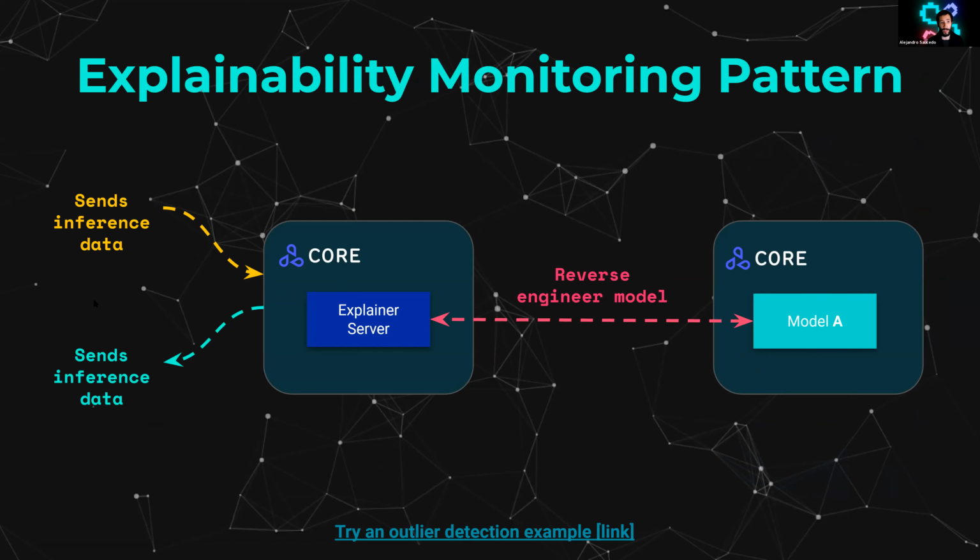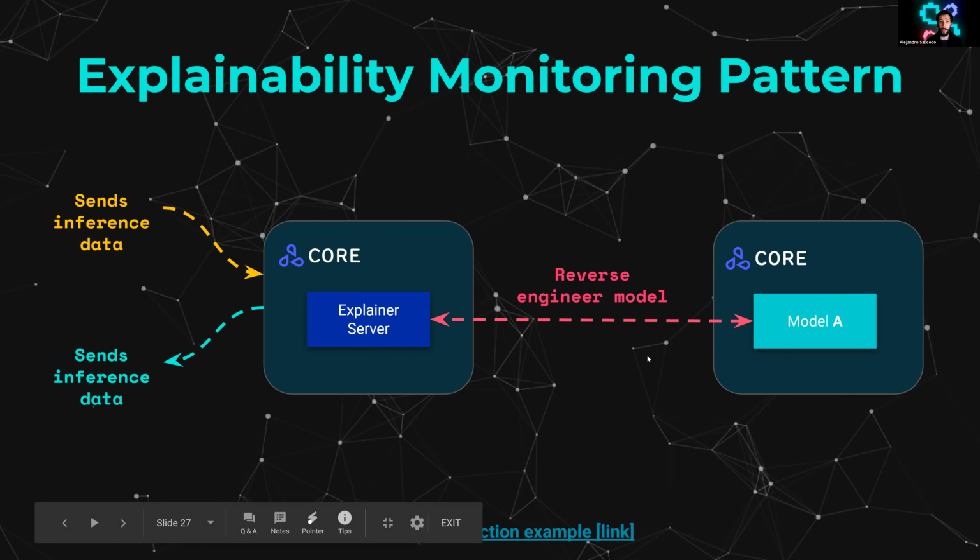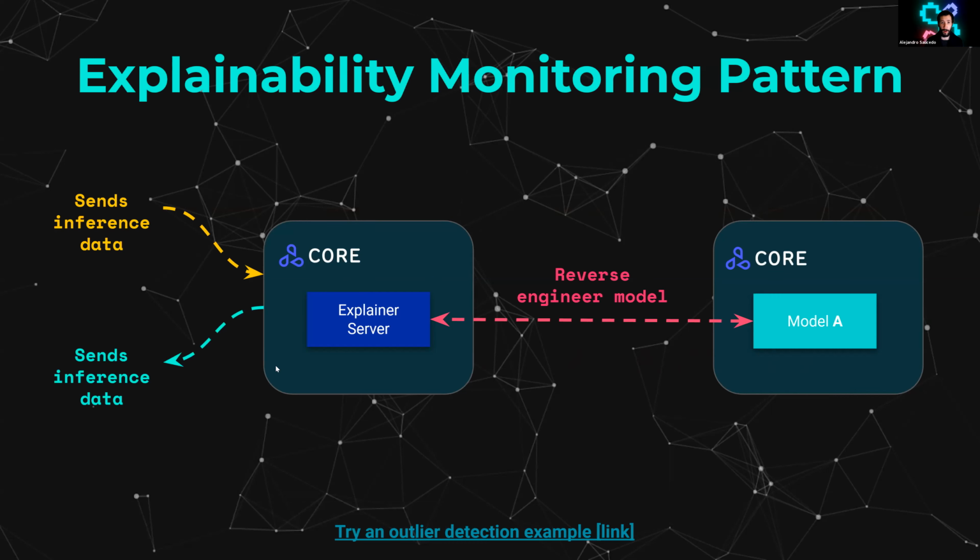Now, the key thing to take into consideration is that with explainers, you not only have the initial explanation request and the explanation result, but you may also have thousands of requests that get sent to the model. So you may or may not want to also store all of those thousands of requests that are very much just metadata to get a result. So for the first part of your question, yes.